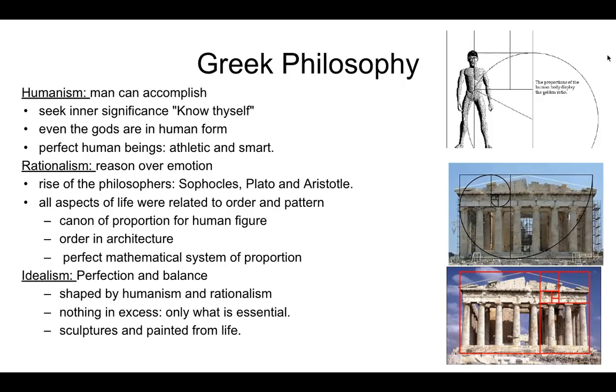And then lastly, idealism. We saw idealism in the ancient Egyptians, right? We should represent the humans in the most ideal form. So this idea of perfection and balance. And it's really shaped by humanism, right? You should be your best self, so we should represent humans in their best self, right?